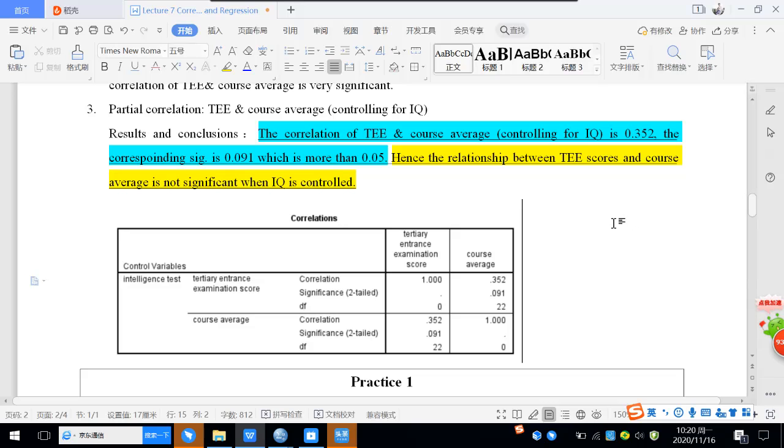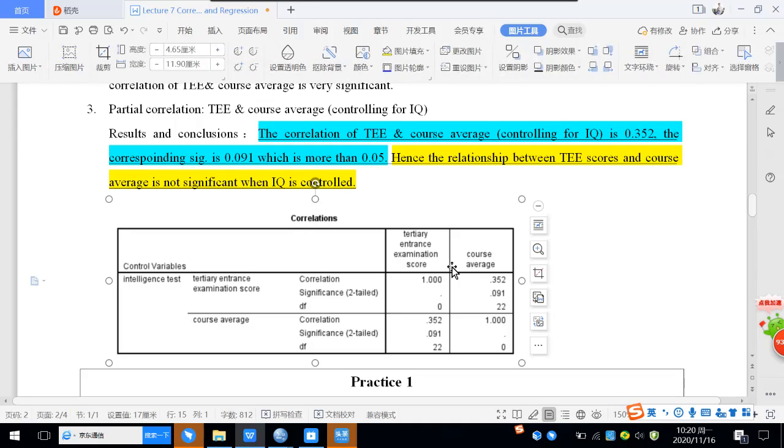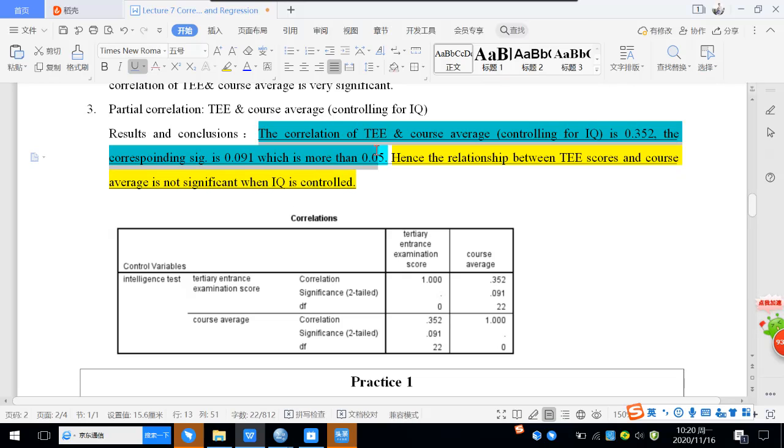So for this question, you need to output the result, then analyze it, this blue part, then draw the conclusion, this yellow part. Okay, understand? Okay, now the bivariate and partial correlations lecture is ended.